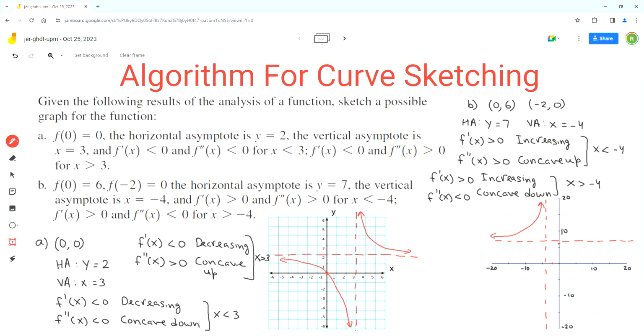So we can show the curve like this. So this is the curve to the right side of x equals -4.